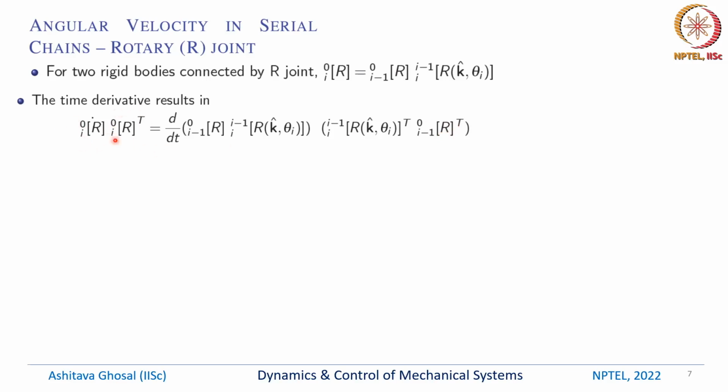So we are trying to find the space fixed angular velocity, if you recall, which is R dot R transpose. This follows from the derivative of the left hand side, and this follows from the derivative of the right hand side.